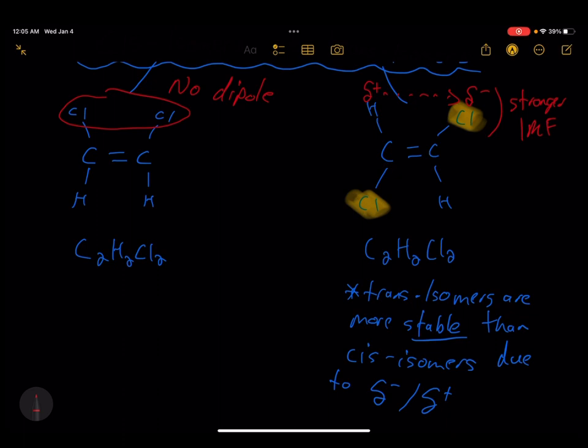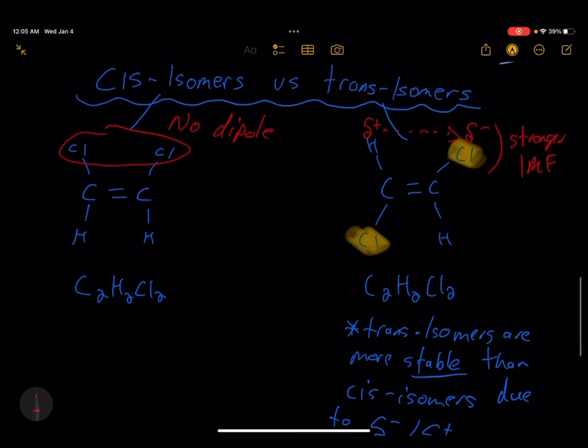So what I would want you to understand from this is that stereoisomers, in particular, are just the way the atoms are spatially arranged around the center atom, so the double bonded carbons here. If we have a situation in which we have, let's say, the Cl's, both of them on one side of the molecule, and the H's on the other side of the molecule, all of them in the same place, this would be a cis isomer.